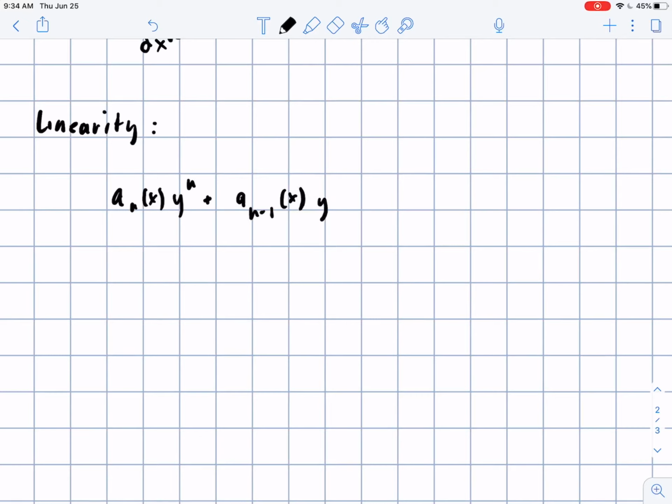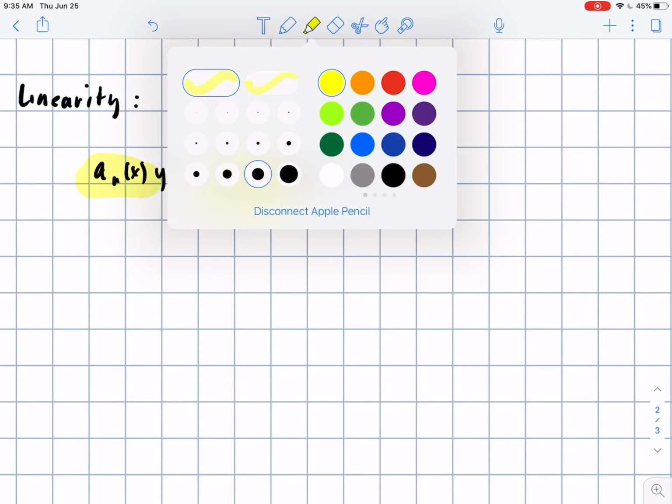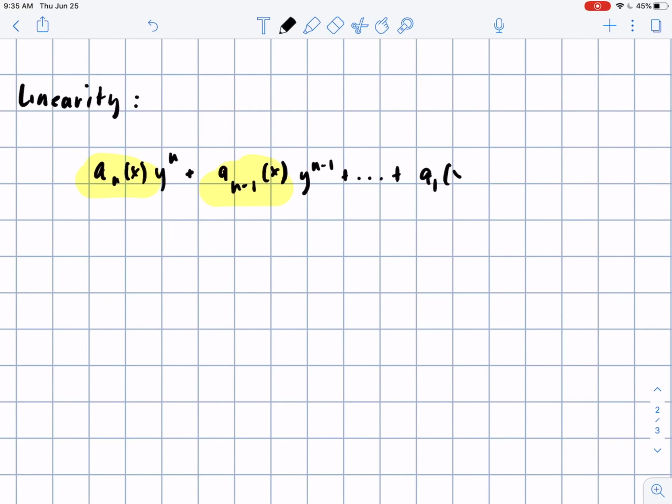So remember, these are all functions of x times derivatives. So this is n minus 1th derivative and so on, so we could go down to the first derivative and then some function, g of x. You know, f of x, anything a function of x at the end.